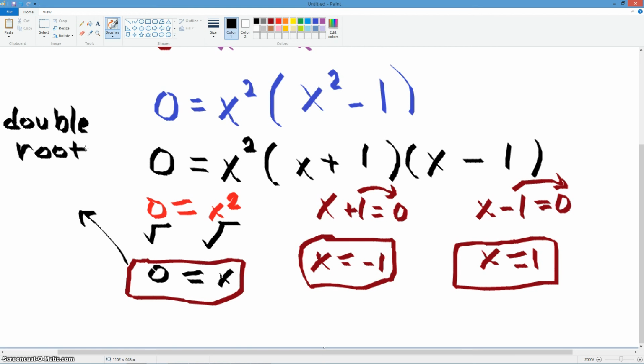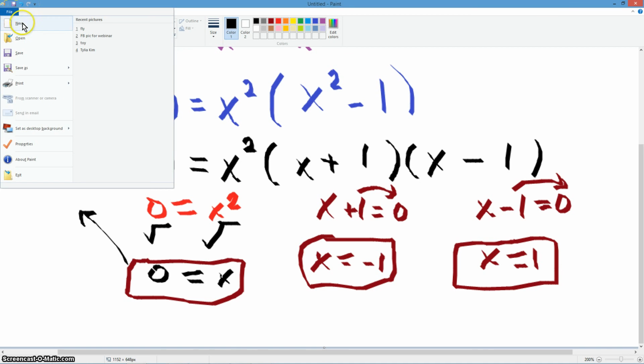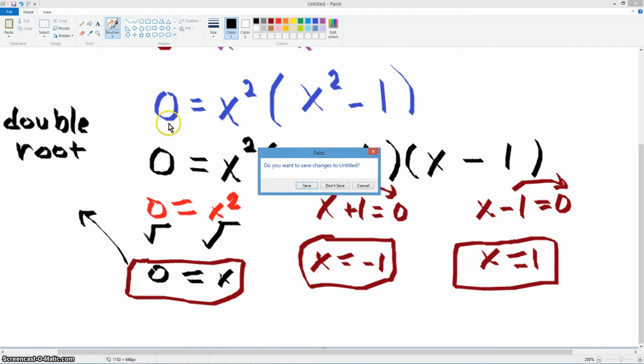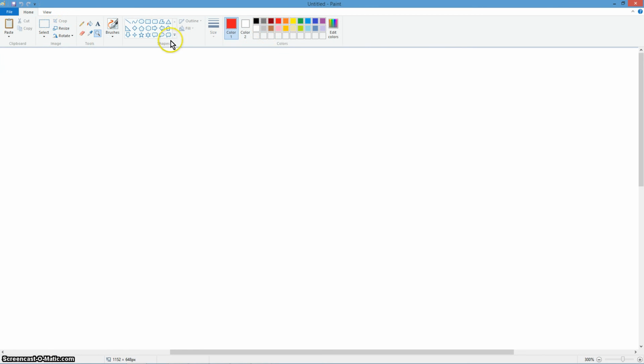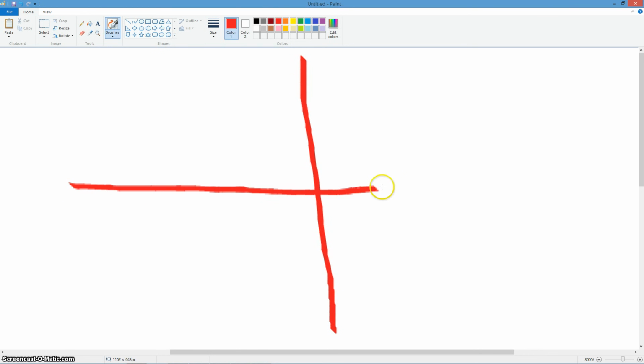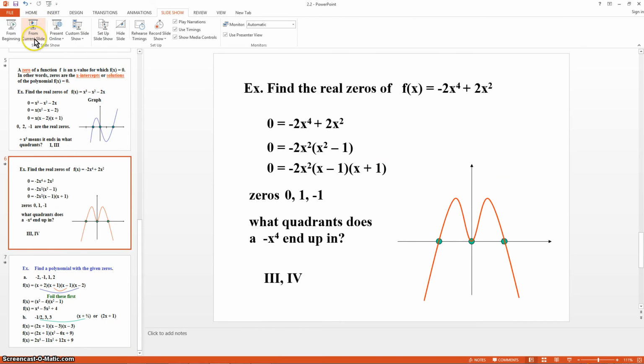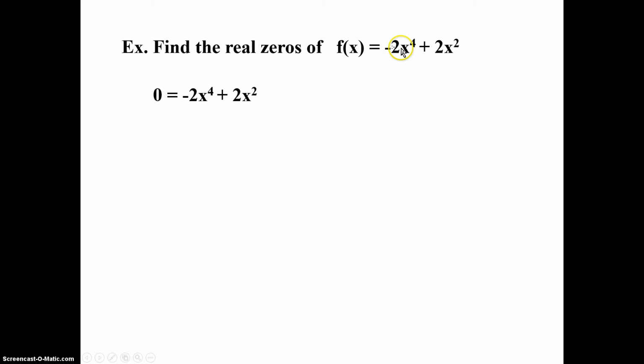All right, so now it's time to graph it. So negative 1, 1, and 0. Let's take a look at what quadrants we're going to be in.